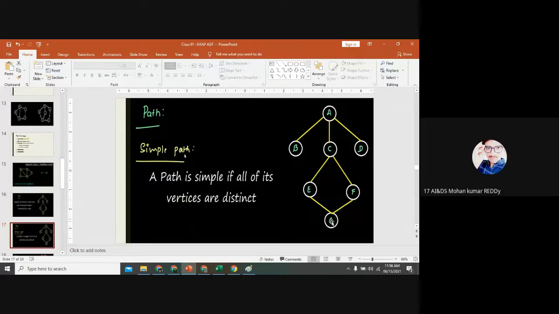Through E or F. C, F and G, and you can take E and G, right? Yes, sir. If I am having a path from B to E also, and from B to C also I am having one path, and I want to travel from C to G, then we can have another path also, right? Yes, sir.